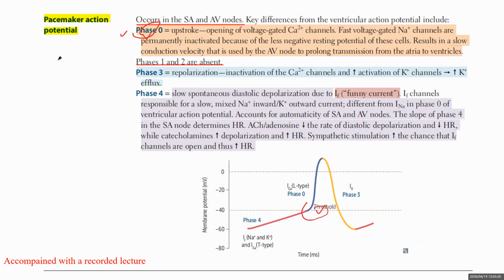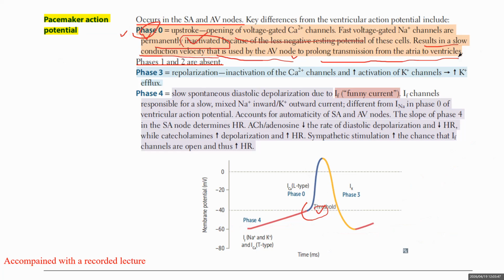But in the pacemaker cell, the resting membrane potential is less negative. Because of this, the fast voltage-gated sodium channels remain permanently inactivated, which results in the slow conduction velocity used by the AV node to prolong the transmission from the atria to the ventricles.